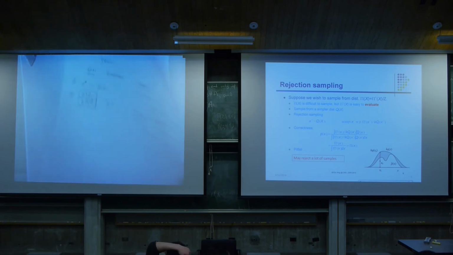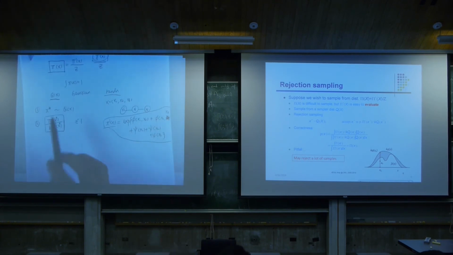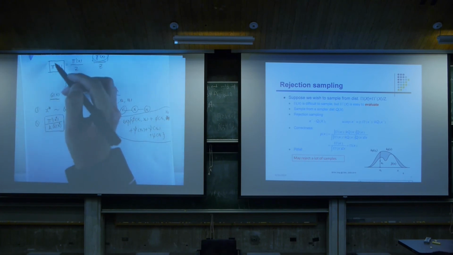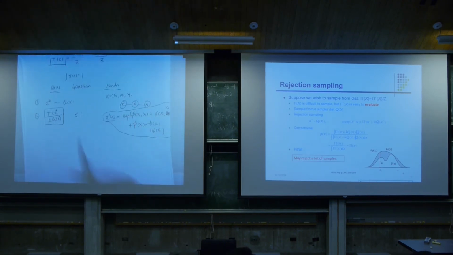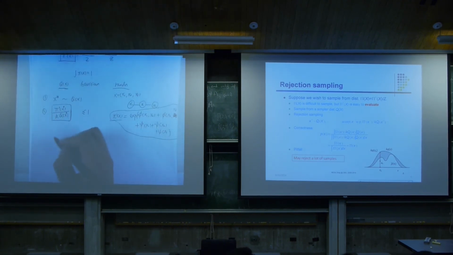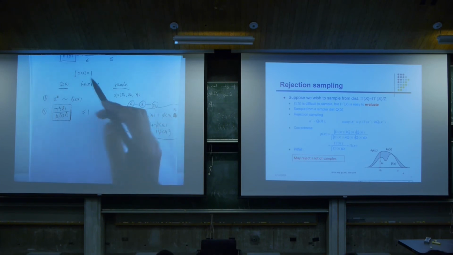So why does this procedure work? In the sense that if we draw samples in this way, how can we guarantee that the samples are from the target distribution π(x)? So here is a simple proof. Let's say we draw sample x star from these two procedures.